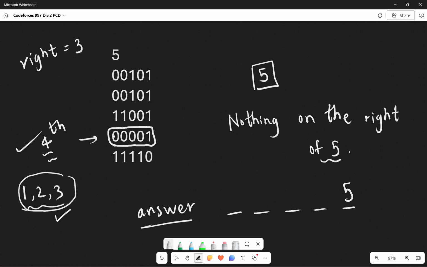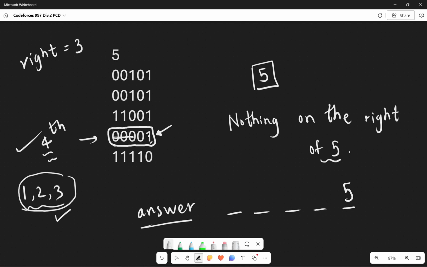Hang with me. There are three elements which are basically 1, 2, 3, and check this also. After this diagonal element, check this one. A 1 means that 5 is to the right of 4, because there exists an edge between 4 and 5, and 4 is less than 5.